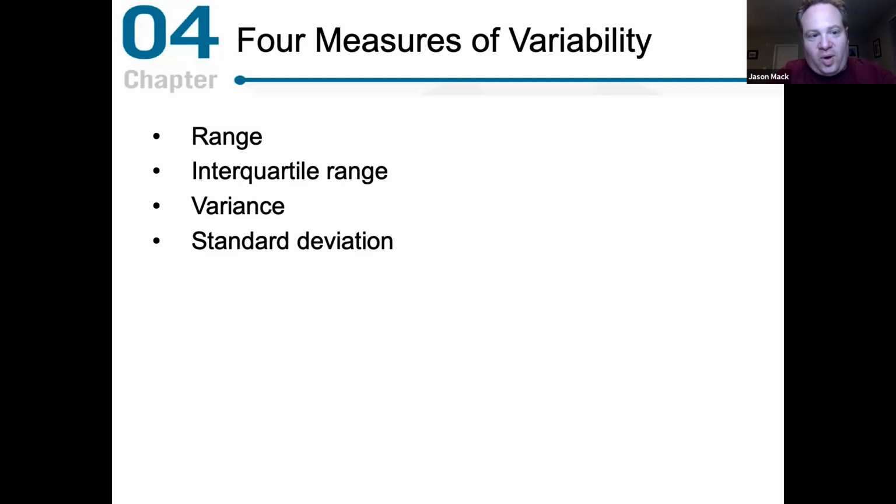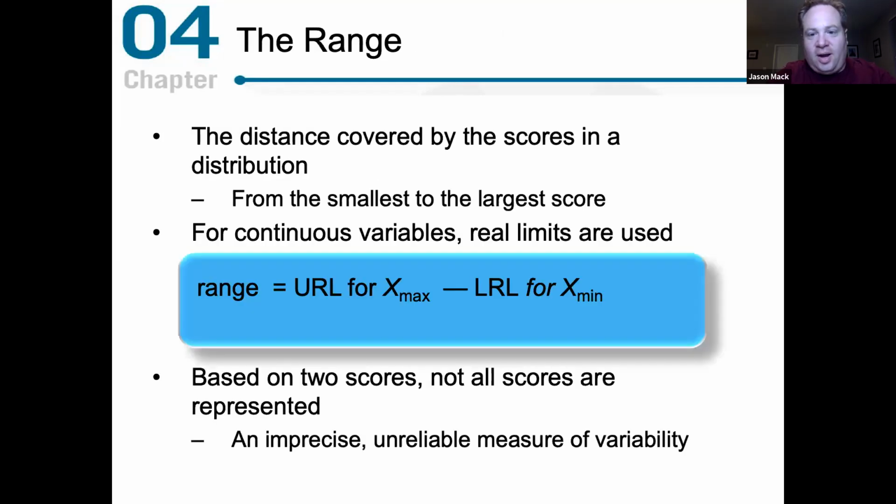The interquartile range, we'll talk about that. We'll talk about variance and standard deviation. And once you know the variance, you just take the square root of that to get the standard deviation. Literally that straightforward. So the range is the distance covered by the scores in the distribution from the smallest to the largest score. For continuous variables, the real limits are used.